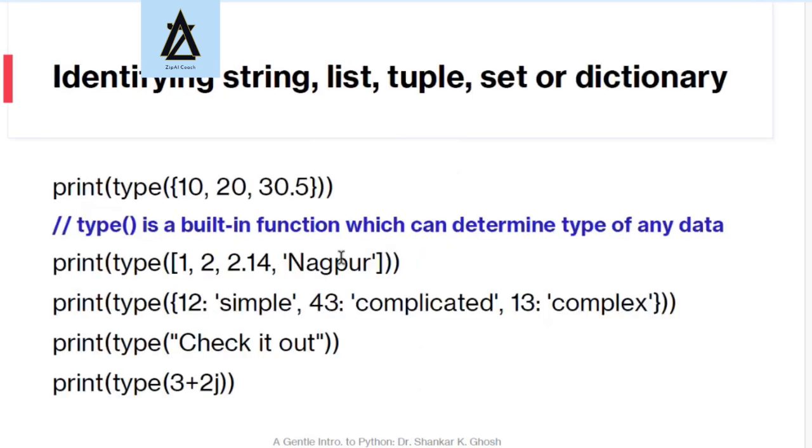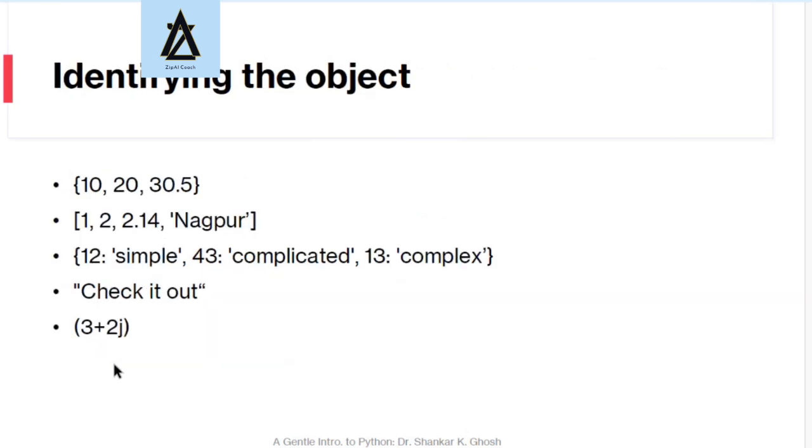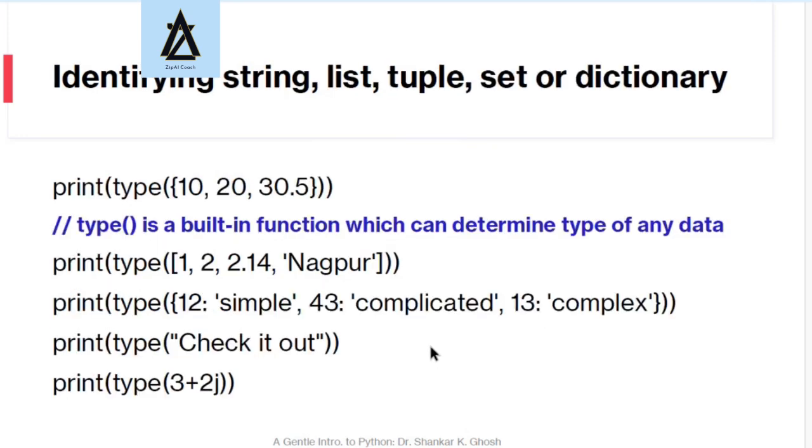Now, Python has a type function also. What is the goal of the type function? It actually tells you what kind of data type you are handling. For example, here I have listed 4, 5 objects. One is a complex number, one is a string, another one is a list. The type function determines the type of the data.